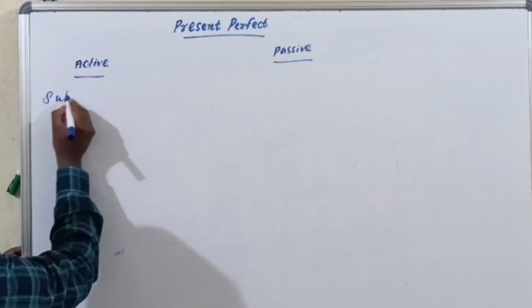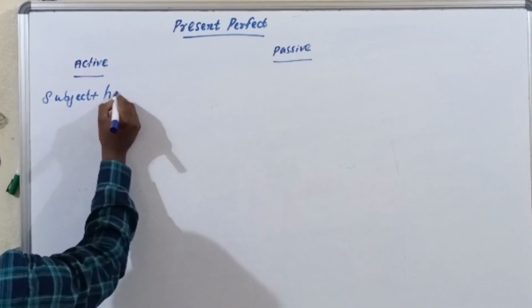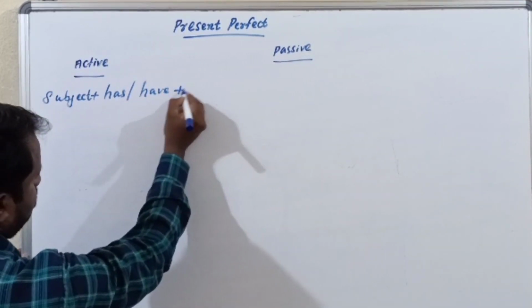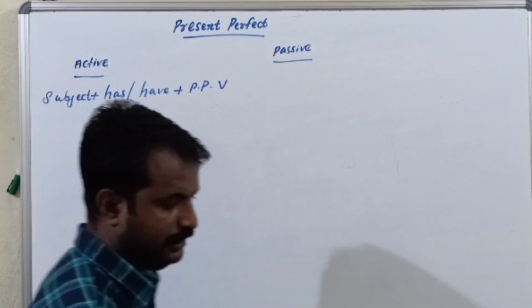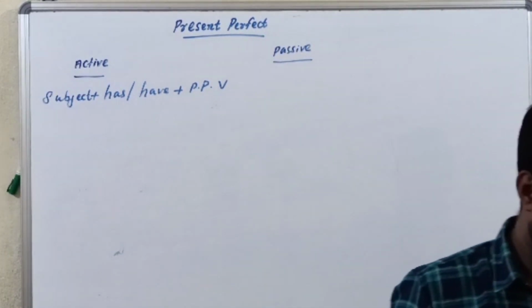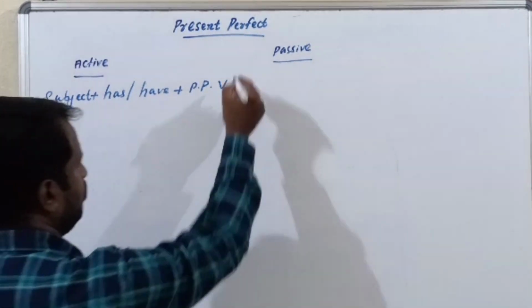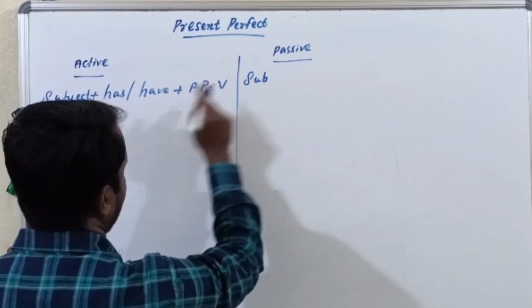So let us go for present perfect tense. What is the active form of present perfect tense? Subject plus has or have plus the past participle form of the verb.